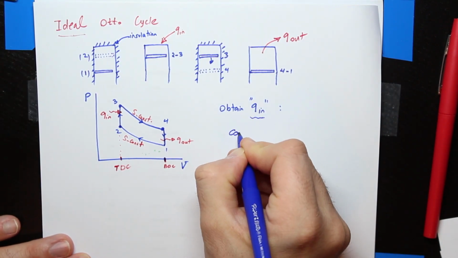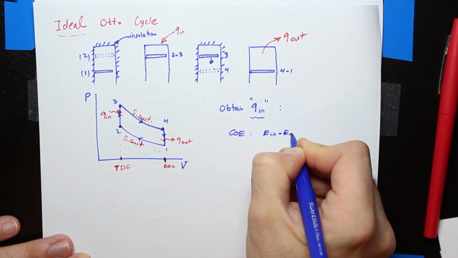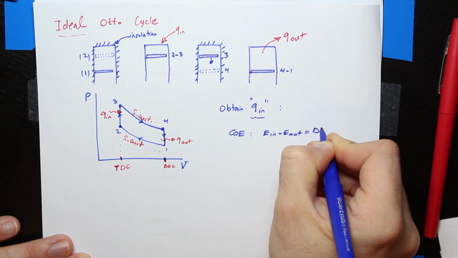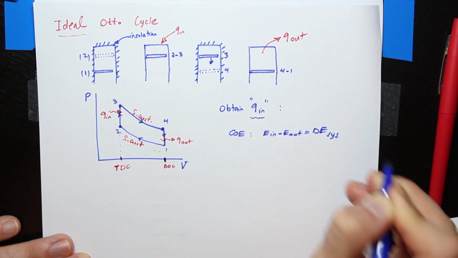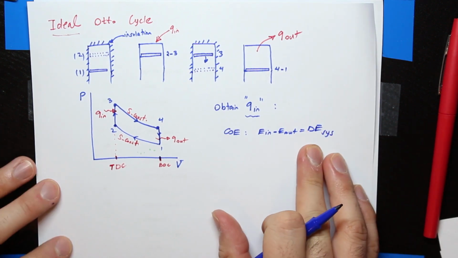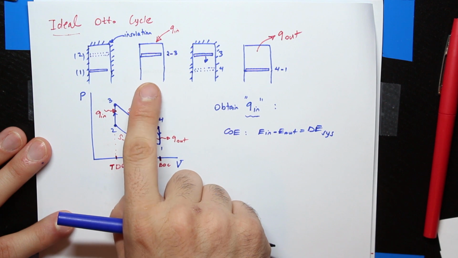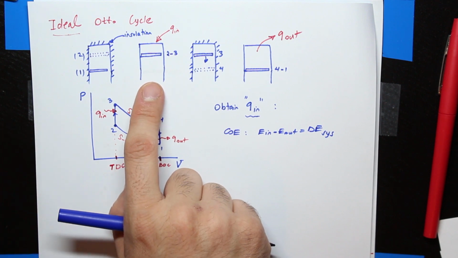So if I start with COE, I would say energy going into the system minus energy leaving the system is equal to the change of the energy within the system. Okay, so this is the conservation of energy that I'm applying to my system. And once again, the system is this schematic that shows the process from 2 to 3.